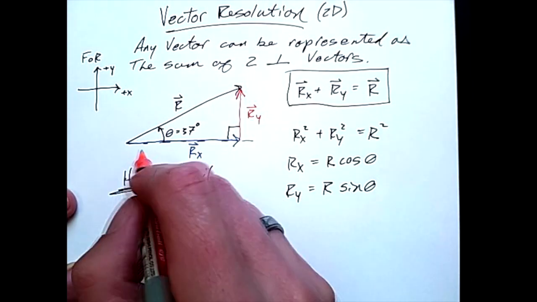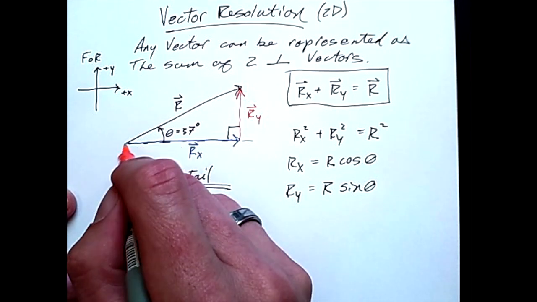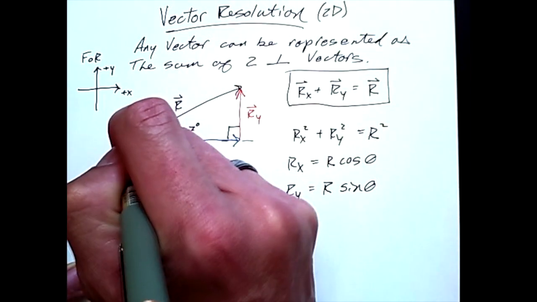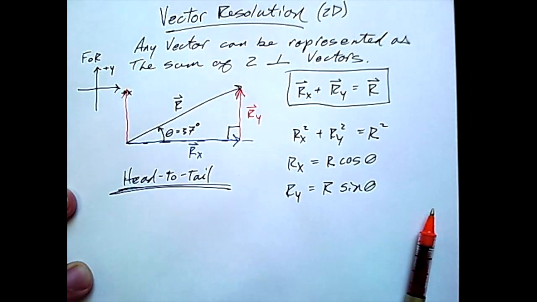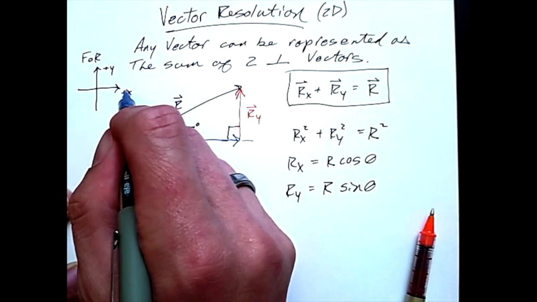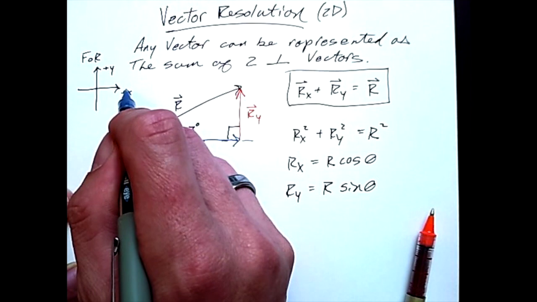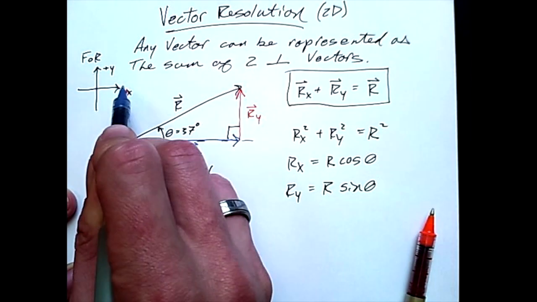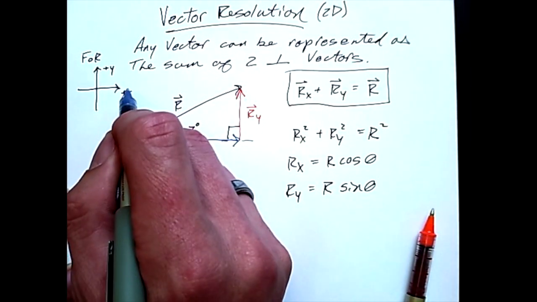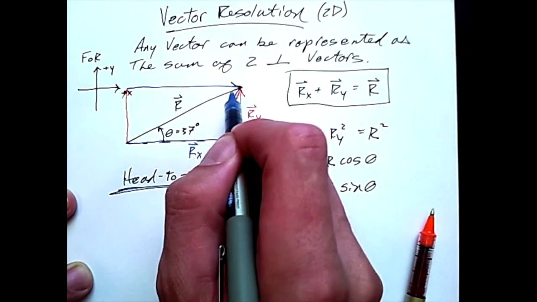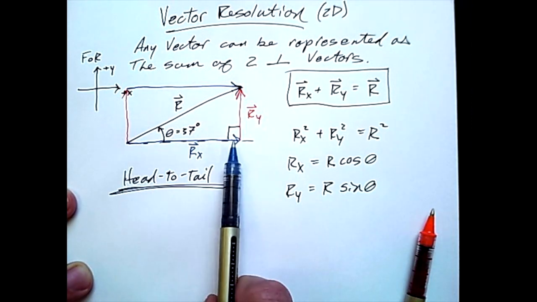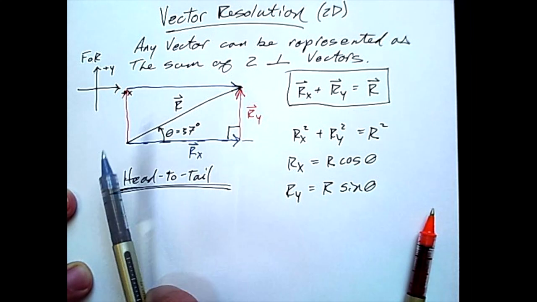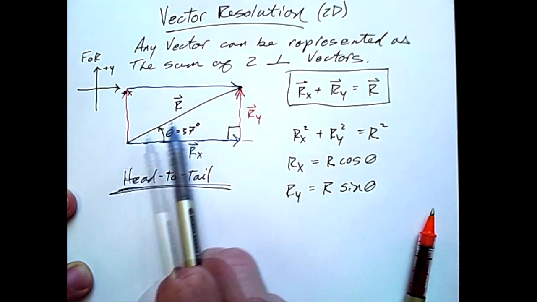In terms of drawing in the components, we start at the starting point and draw the first component, and then without moving our pen, although I am going to switch colors, we draw the second. So we drew our first vector up, and then from there we drew to the right. The statement should be the same regardless: to the right and up yields r, or up and to the right yields r.